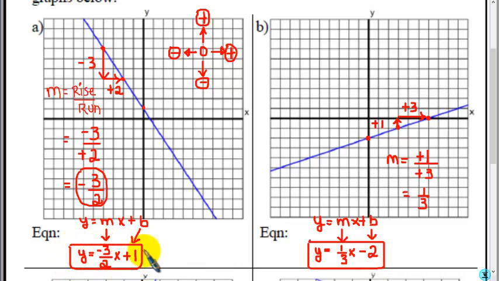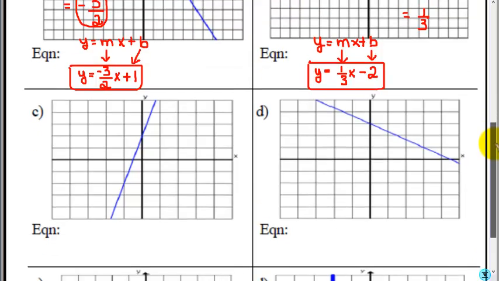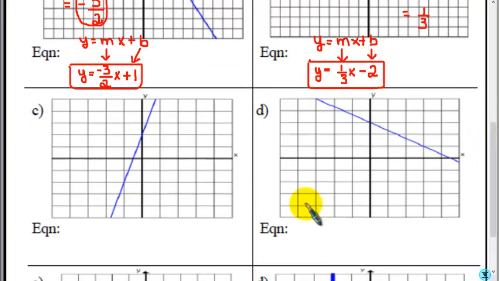Alrighty then. So now let's go down to the next problems. Again, here I have 2 other lines, and let's select good points. The first step, I'm going to do both at the same time here. I'm going to select good points on both lines. Once you select them, you need to decide where you're going to start. It does not matter where you start. So let's say I start from the bottom here.